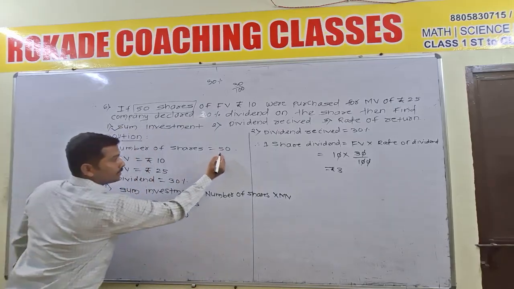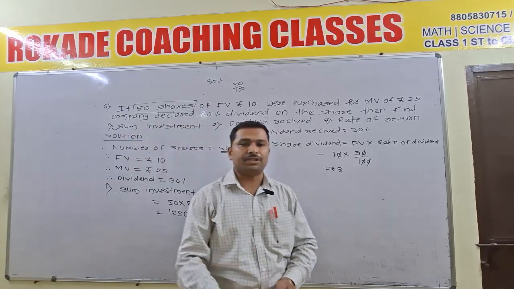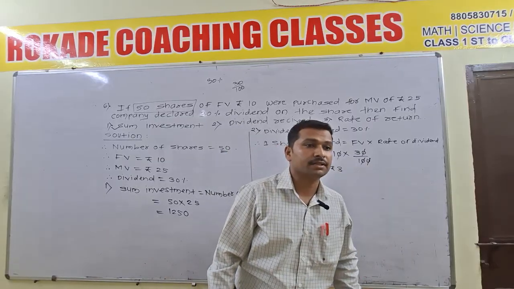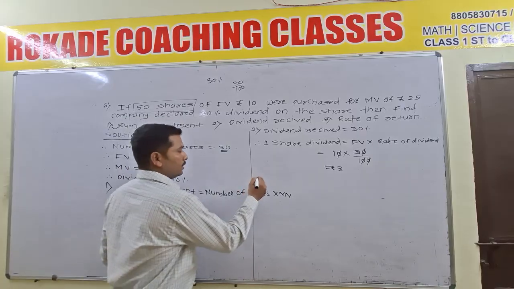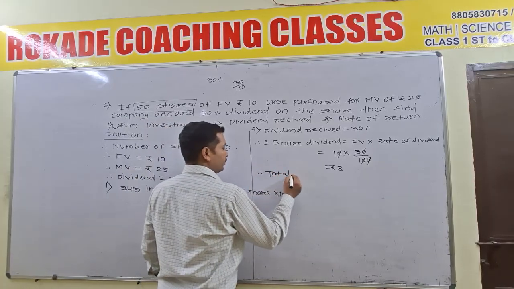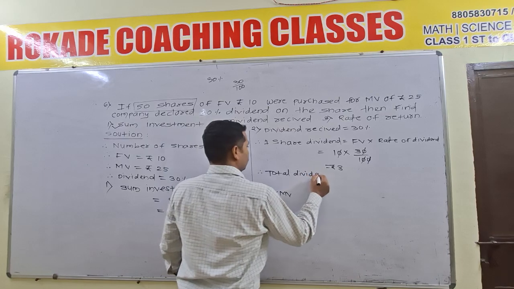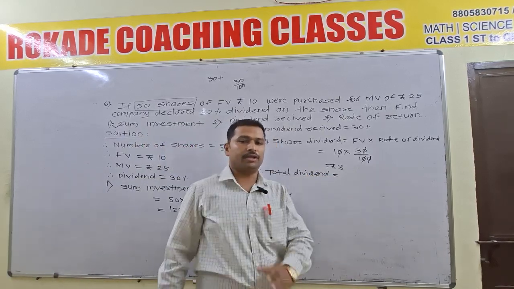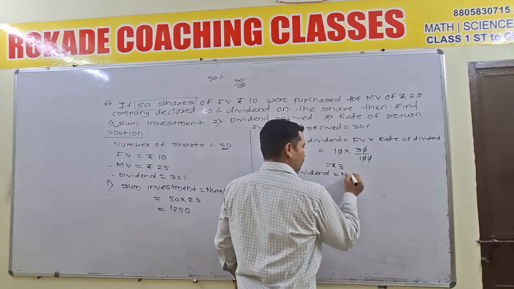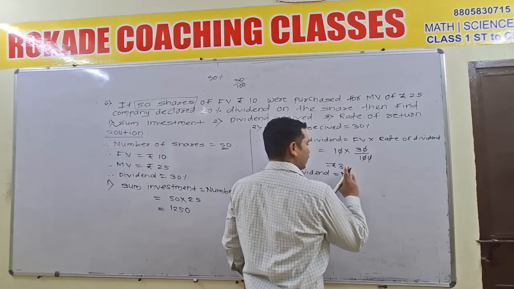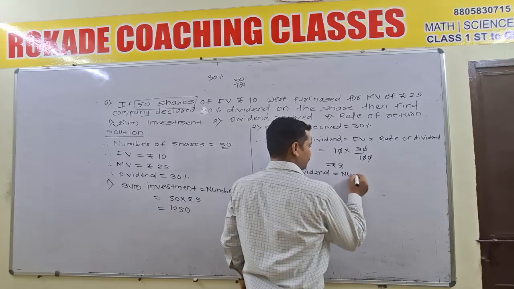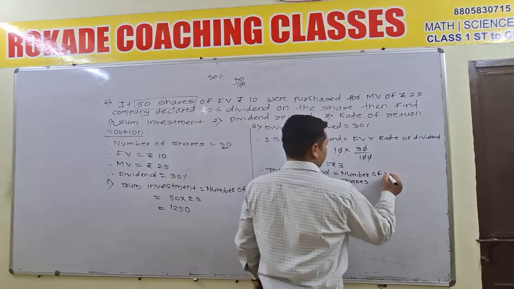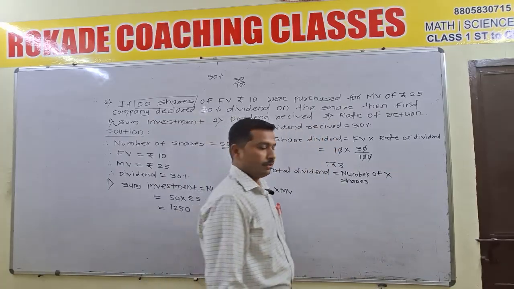How many shares did the person buy? 50 shares. One share dividend is 3 rupees, so for 50 shares, write total dividend. Total dividend is equal to number of shares multiplied by one share dividend.